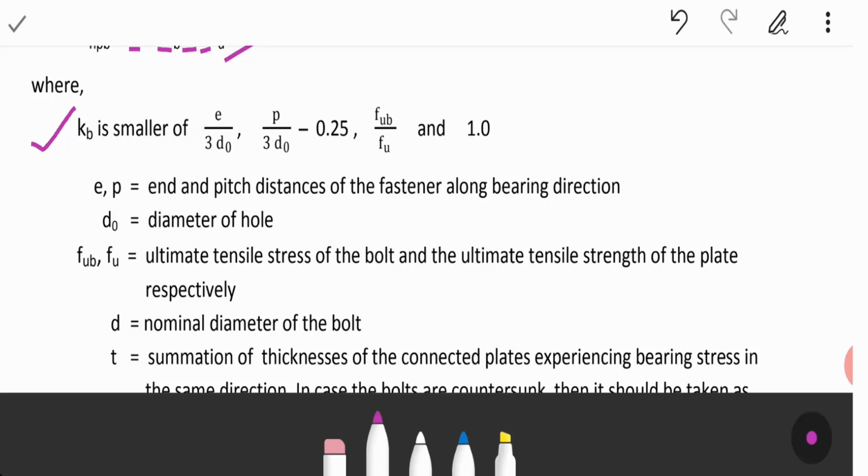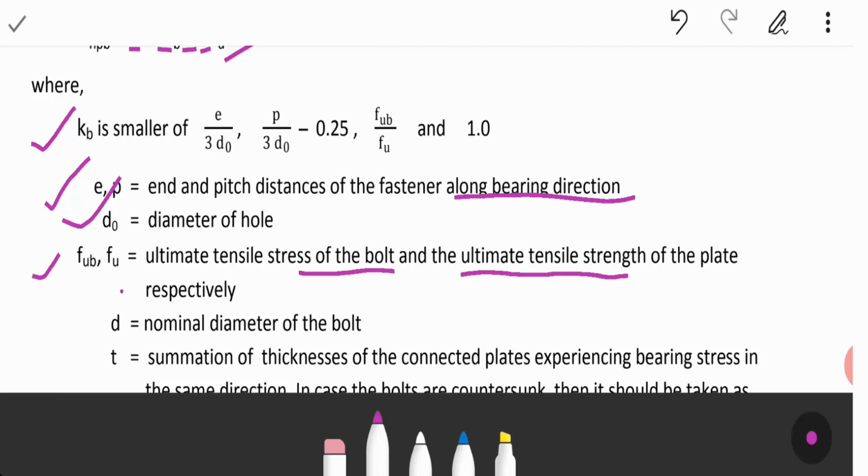Okay, e and p are the end and pitch distance of the fastener along bearing direction. d0 is the diameter of hole. fub and fu are the ultimate tensile strength of the bolt and ultimate tensile strength of the plate respectively.